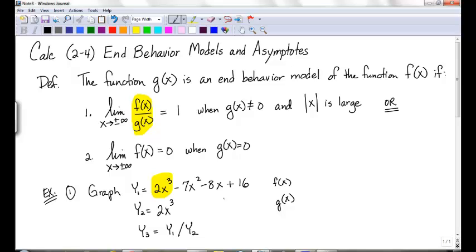Now, I'm going to do this by looking at a table, because it says if this limit goes to 1, then it is an end behavior model. So do second function table set, and you might want to write this down.